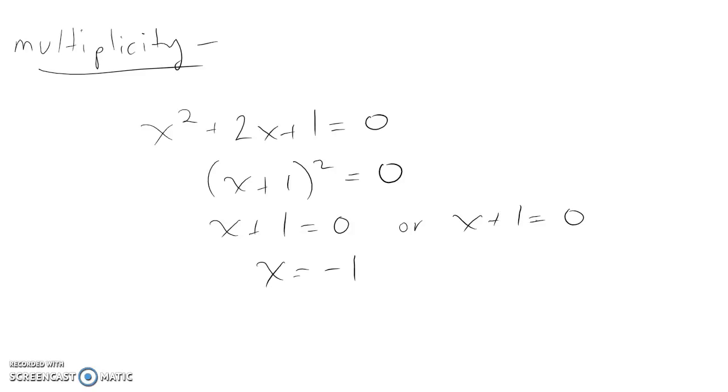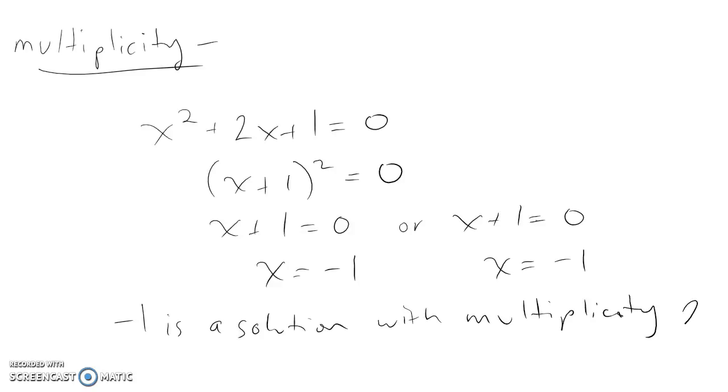We might not really write it twice, but we could because there are two factors. So we say that x is equal to -1 or -1. We really only get one solution, but it happens twice. So what we would say is that -1 is a solution with multiplicity 2, right? That means that it happens twice.